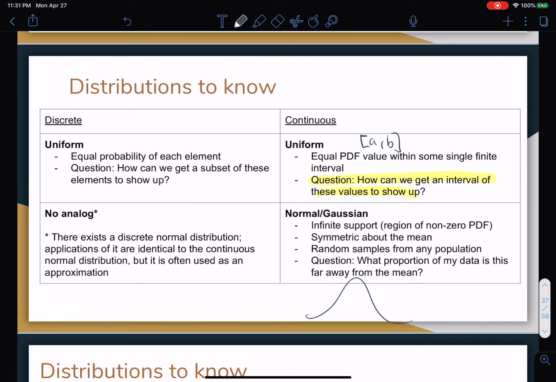Central limit theorem says if you have a lot of samples, you can approximate it with a normal. It has infinite support, though you don't have to know that. It's symmetric about the mean, so it's completely symmetric on both sides, and you have random samples for any population. The question you should be asking is what proportion of my data is far away from the mean.